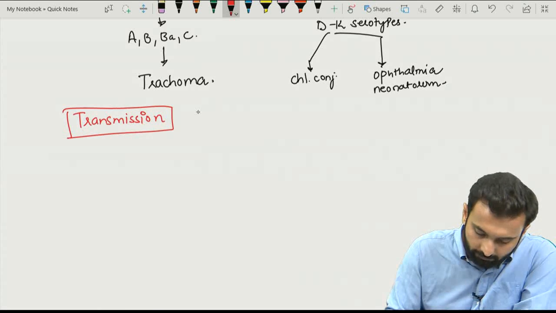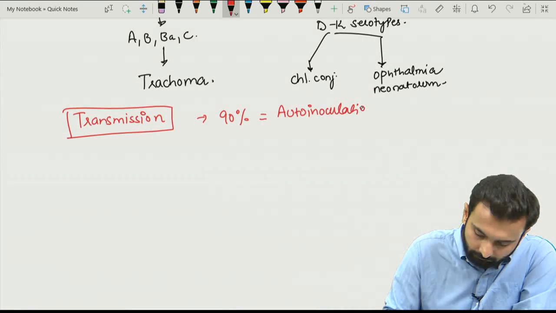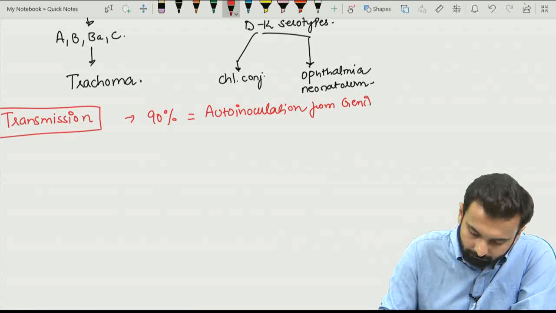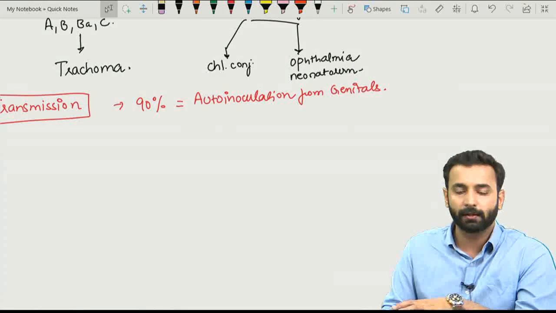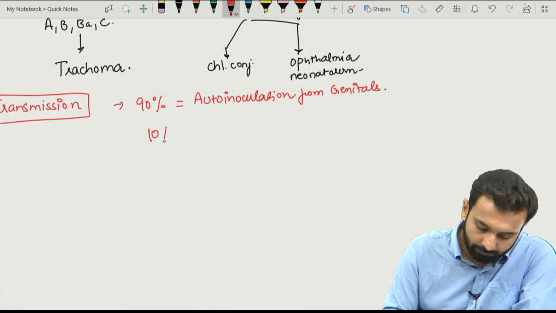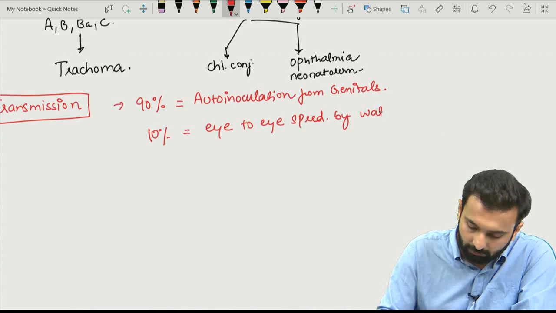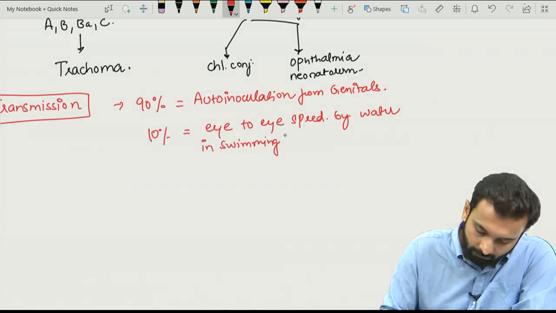You have to keep in mind that 90% of the transmission occurs by auto-inoculation from the genitals, and the 10% transmission is by eye-to-eye spread of the infection through contaminated water in swimming pools, right?